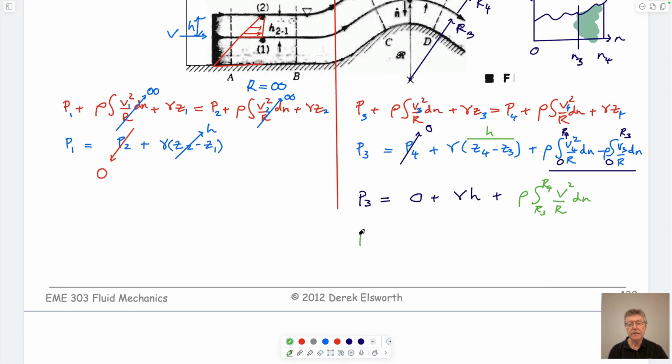And if I now write it as P3 is equal to 0 plus the unit weight times the depth minus, if I substitute dz for this, minus dz, then it's rho integral R3 to R4 of V squared over R.